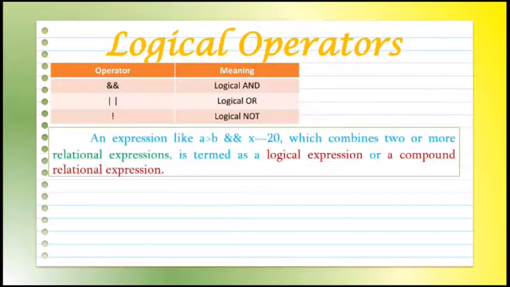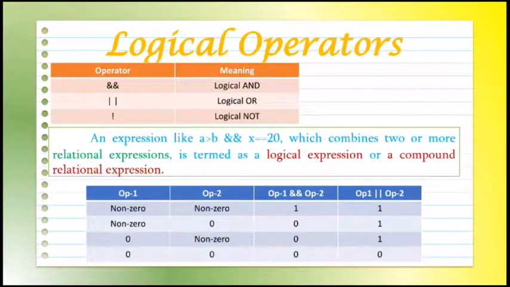An expression like A is greater than B and x is equal to 20, which combines two or more relational expressions, is termed a logical expression, or it is also called a compound relational expression. Like the simple relational expression, a logical expression also holds a value of 1 or 0 according to the truth table.